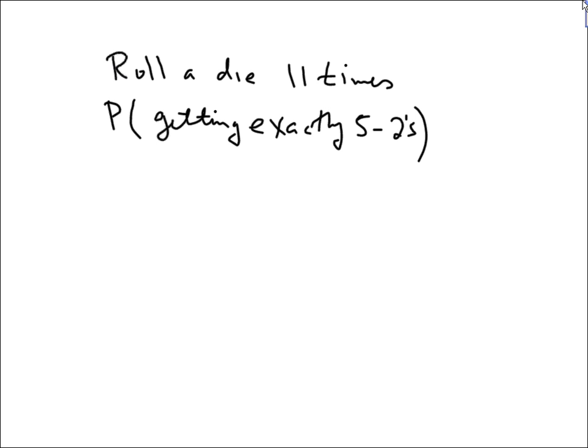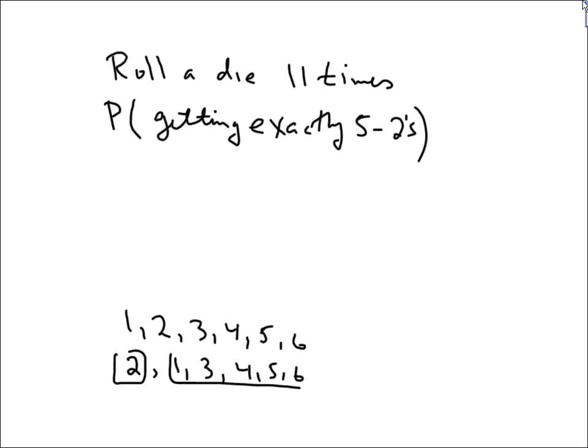Well, you may say, but wait a minute, there's many outcomes. 1, 2, 3, 4, 5, and 6. There's 6 different outcomes. Well, fair enough, but break it up into 2 different types of outcomes. 2 and not 2.